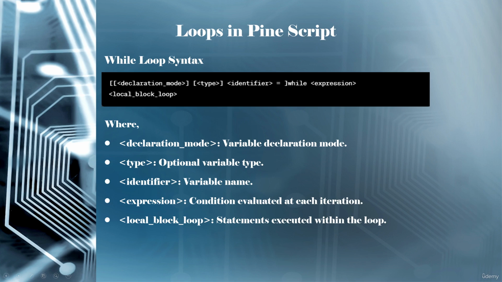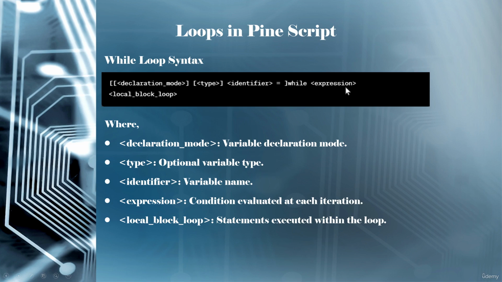So some key points need to be mentioned here. Evaluation of the condition happens before each iteration. It means that before each iteration and before executing the local block loop, the expression is checked.